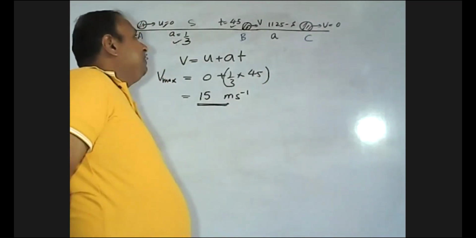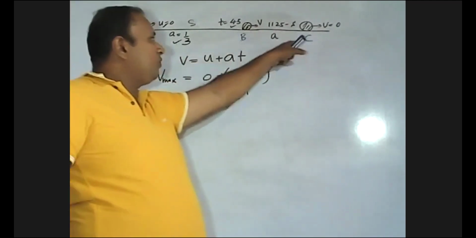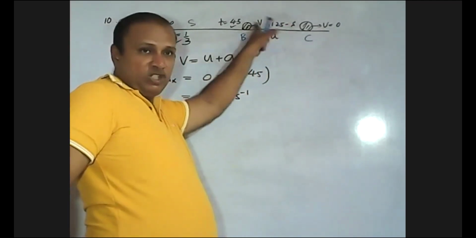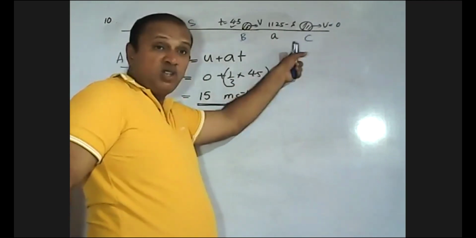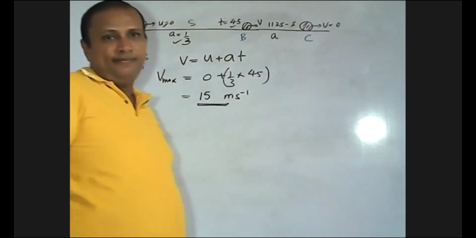But in this case, you know only 2 variables, the initial velocity and the final velocity of BC motion.